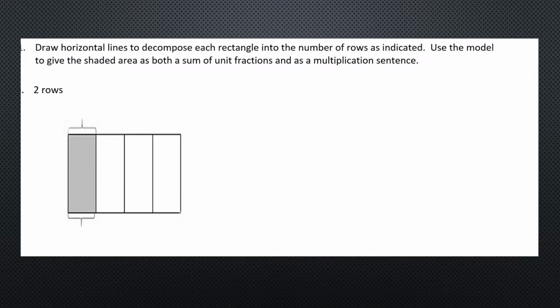Okay, so first things first, we need to read the directions. I need to draw horizontal lines to decompose each rectangle. In class we learned that whenever we see the word decompose, we think of it as break down or break apart. So we're breaking apart those rectangles into the number of rows as indicated.